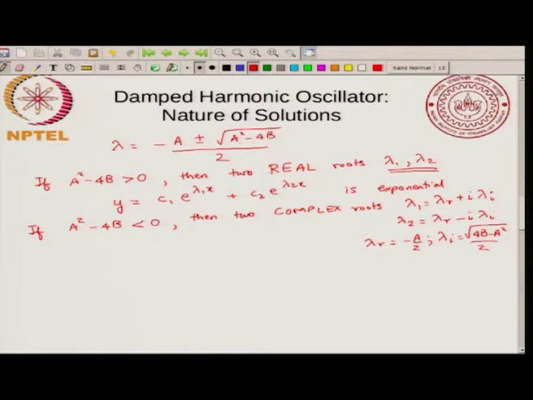Since a square minus 4b is less than 0, 4b minus a square is greater than 0. So the imaginary part is just this, and that is multiplied by i. So the two complex roots have this feature.